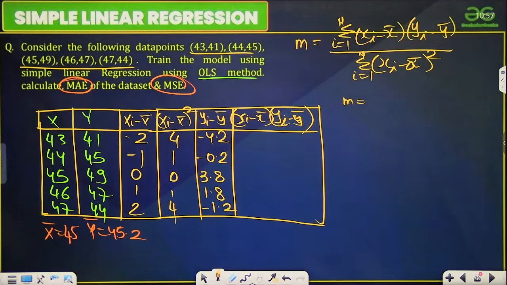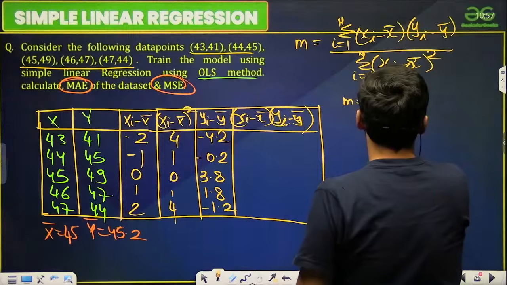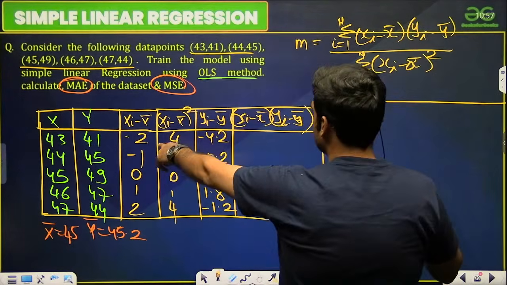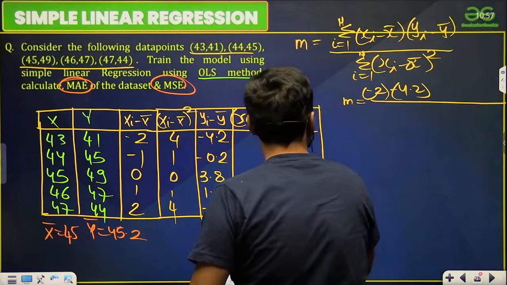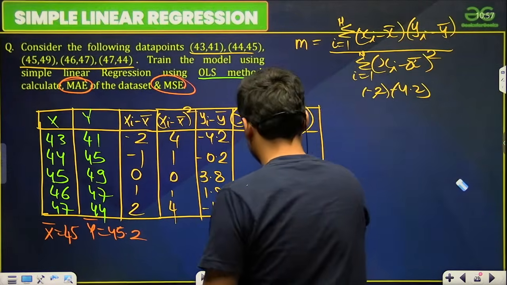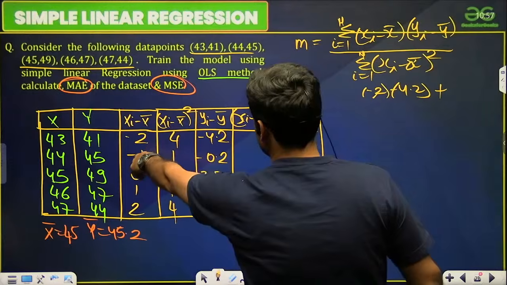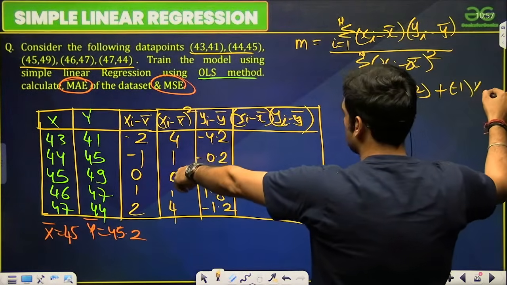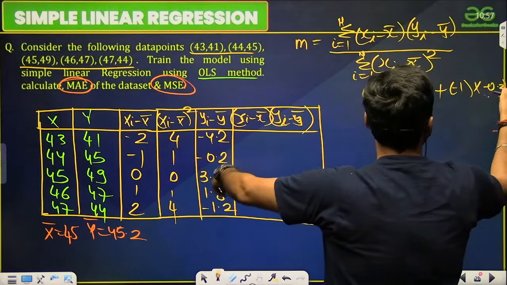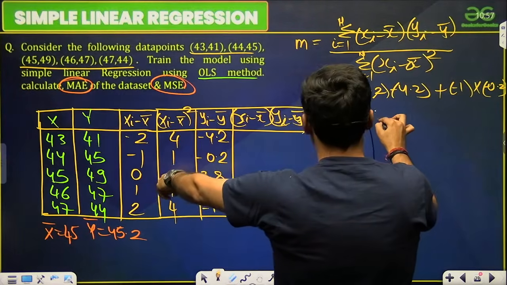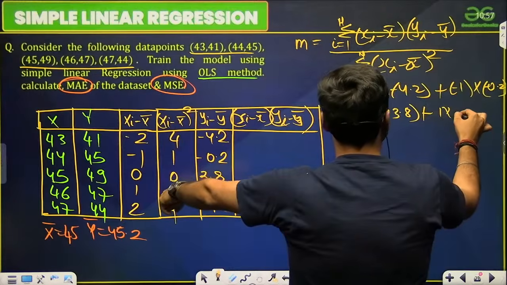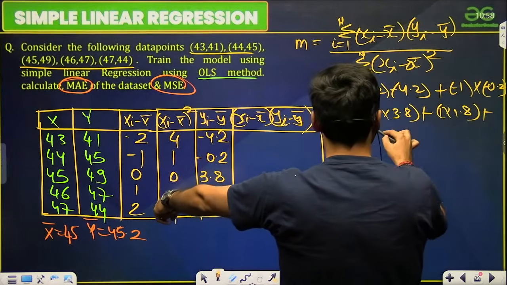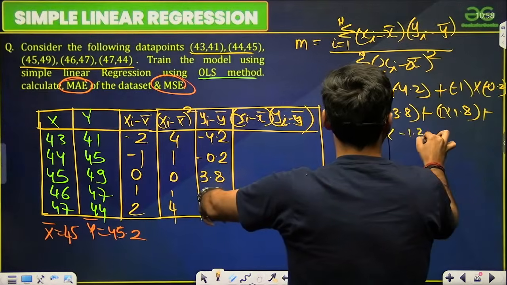For calculating the value of m, very simple, I can just put minus 2 into negative of 4.2, plus minus 1 into negative of 0.2, plus 0 into 3.8, plus 1 into 1.8, plus 2 into negative of 1.2.